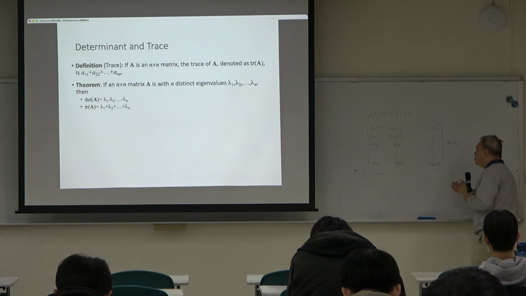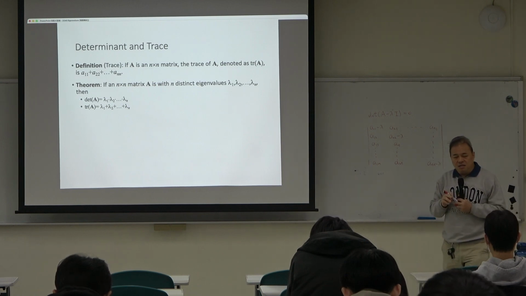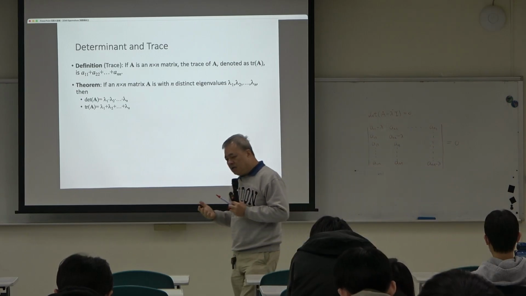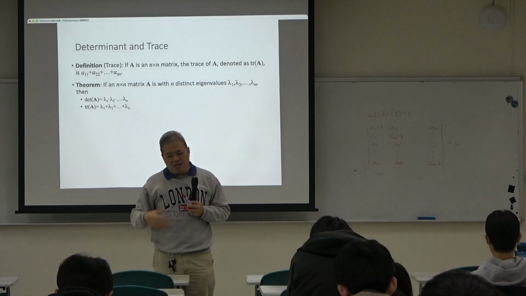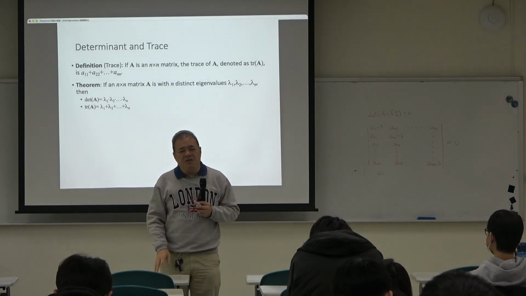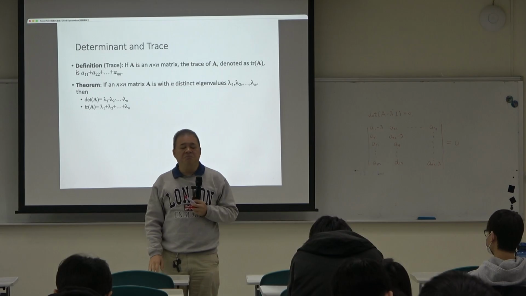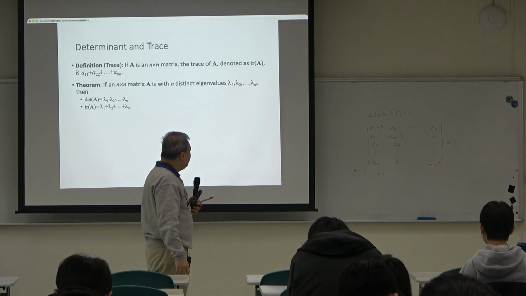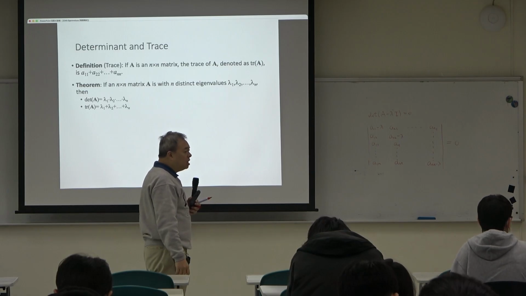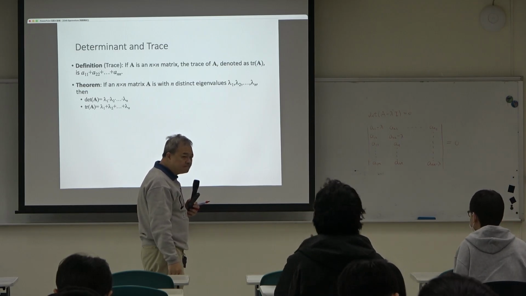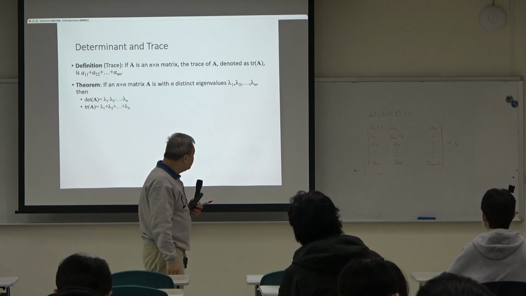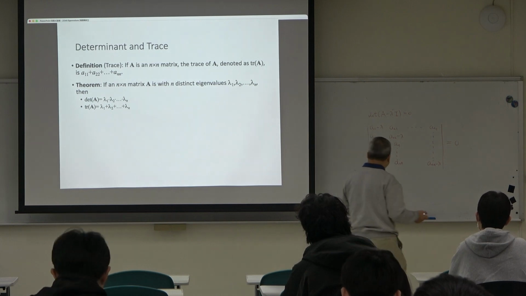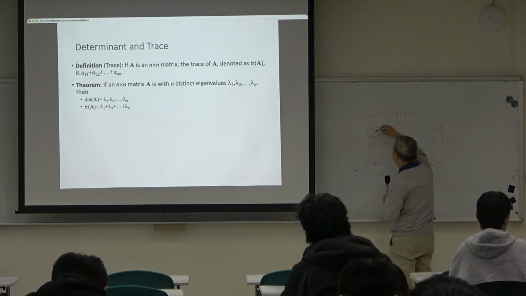Why do we need to write down this thing? Because calculating the determinant is a kind of complicated process. According to the definition, how do we calculate the determinant? You start from a given row, for example, you start from here.